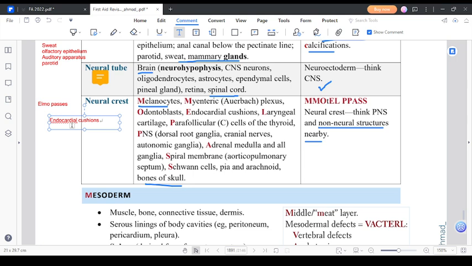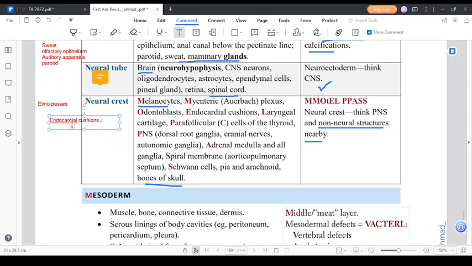O is for odontoblasts. So ELMO, and then for the PASSES they have made two P's, but okay, we will also write with two P's. P is for the parafollicular C cells.